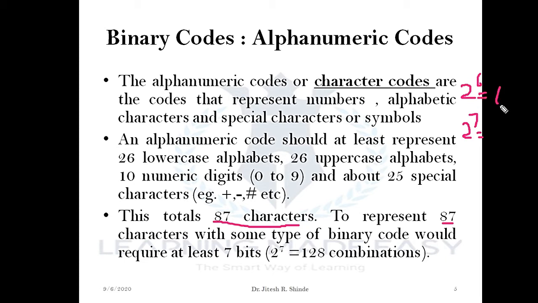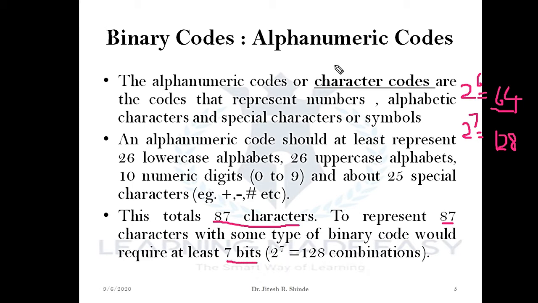I cannot use 6 bits to represent 87 characters because it gives just 64 combinations. How many combinations do we want? 87. So 2 to the power 7, the answer comes out to be 128. For this reason, it has been specified that to represent 87 characters, 7 bits are required, that is, 2 to the power 7 equals 128 combinations.